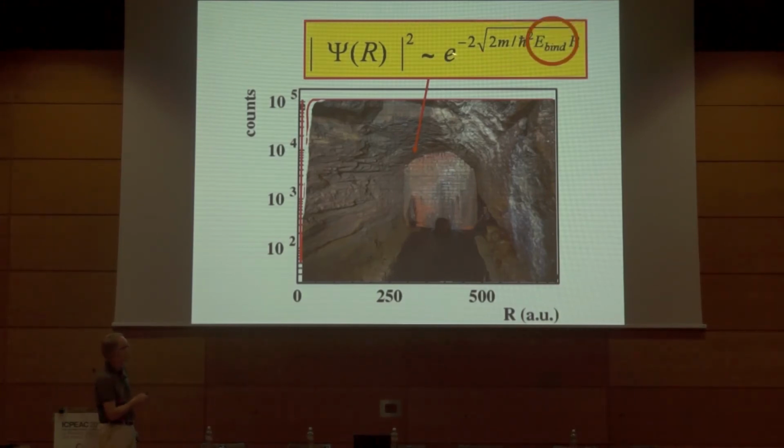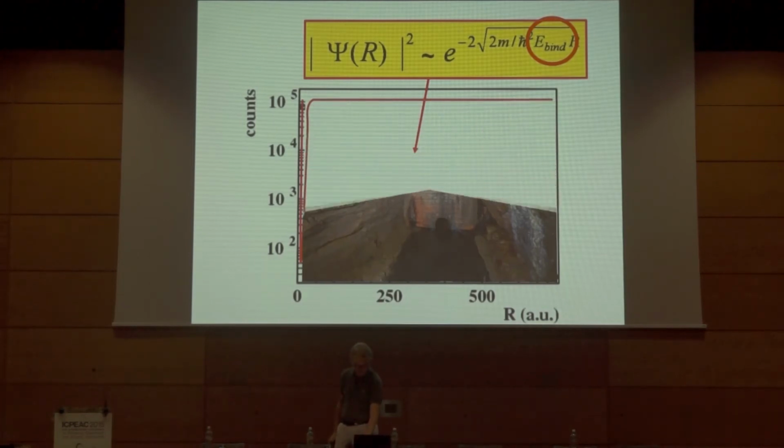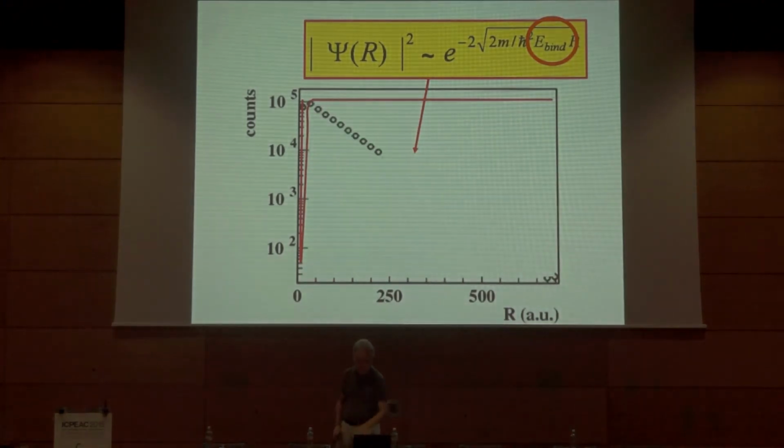If we can really see that exponential decaying function here, we have measured the binding energy. So that's cheap. You can measure by shooting a 10 to the 15 watts per square centimeter laser on it. You can still measure nano electron volts of binding energy by Coulomb explosion imaging. That's a trick. And now here comes the wave function as you get it from Coulomb explosion imaging, on a logarithmic scale.